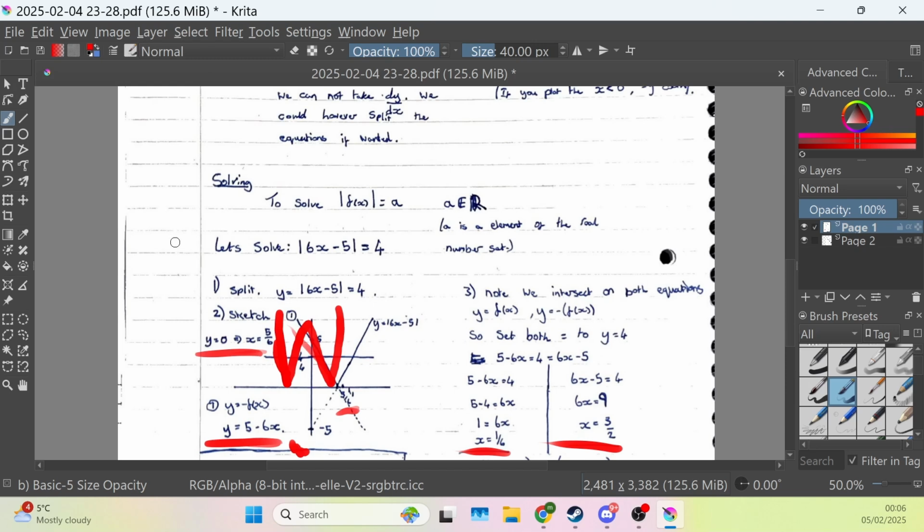If this wasn't as steep, and it came in like this, barely hit it, or just evenly hit it, it could hit once, go up and out, then you get 3. So you don't really know. That's why we sketch.